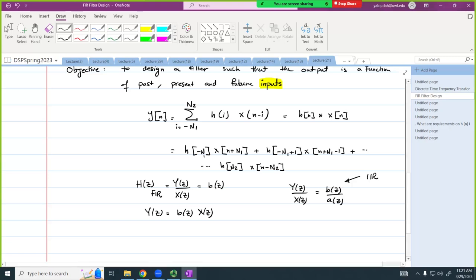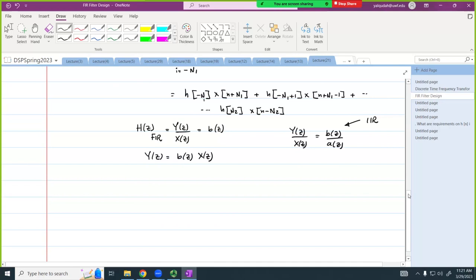There is no y, it's only a function of x of n. Y of z is only a function of x of z. Is that clear? Makes sense?